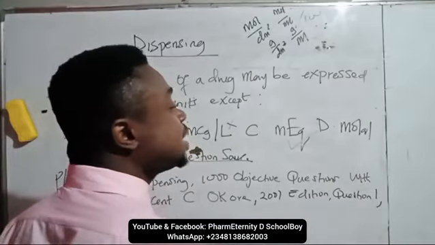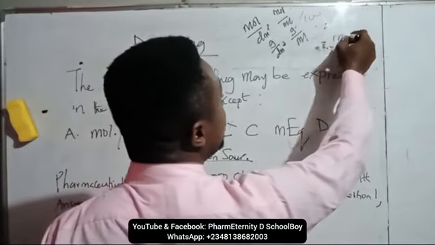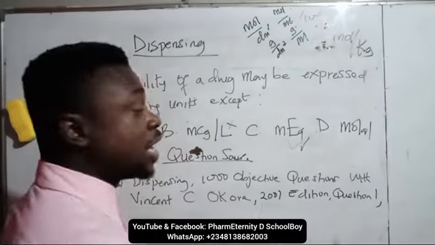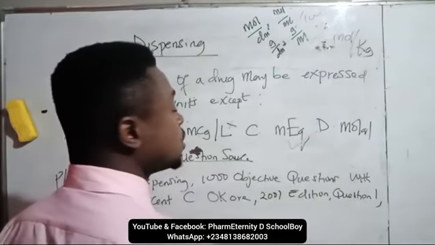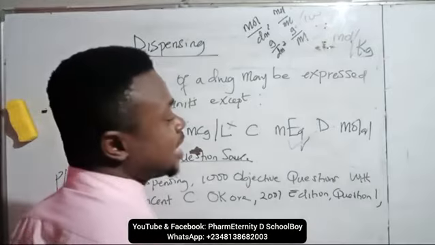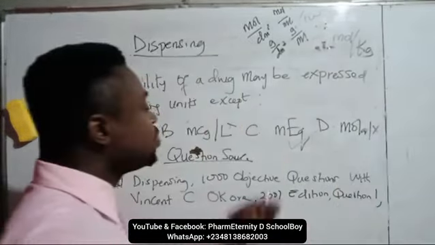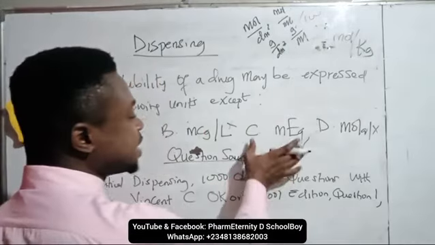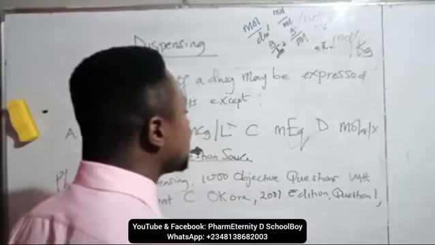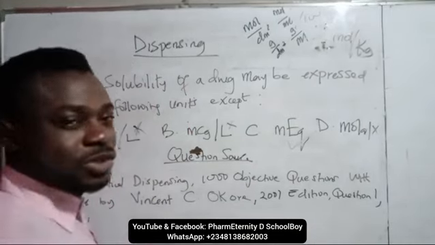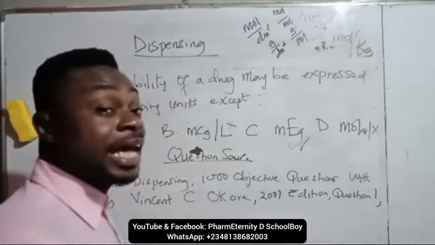So molality is mole per kilogram. It's also a concentration term. So solubility can be expressed as molar. So this is not the answer. So the most appropriate option here is C, milli equivalent, because milli equivalent is an amount term. It's not a concentration term. So solubility cannot be expressed as milli equivalent.